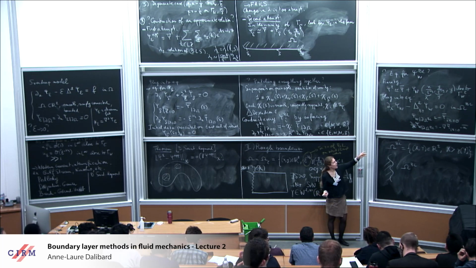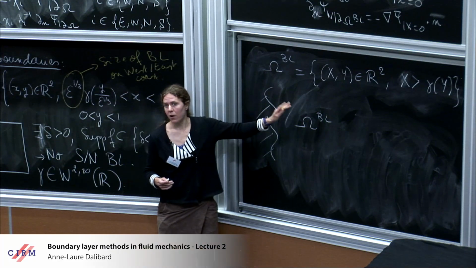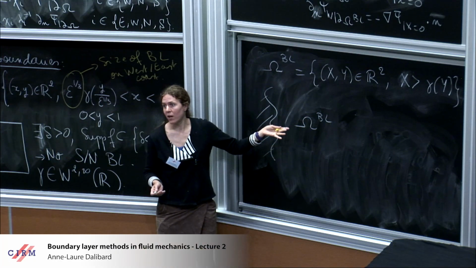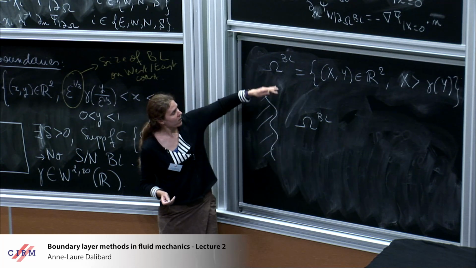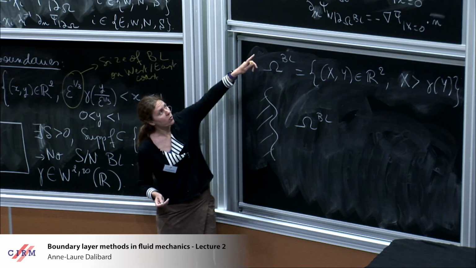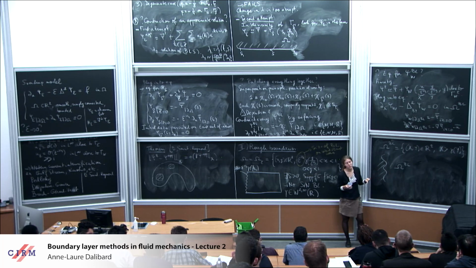There are several issues. The fact that it's unbounded in the normal direction to the boundaries means that you don't have a Poincaré inequality. And the fact that it's unbounded in this direction, plus that you don't have any decay with respect to y, makes you look for solutions that have infinite energy.